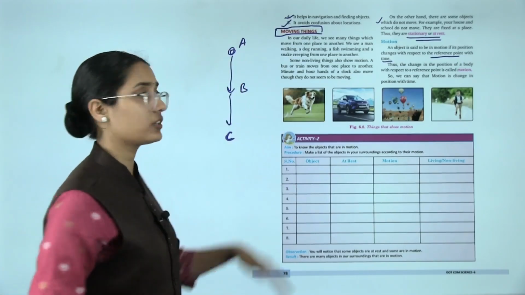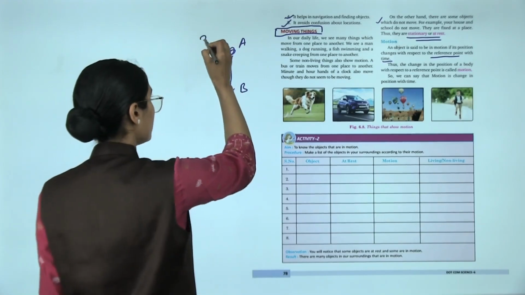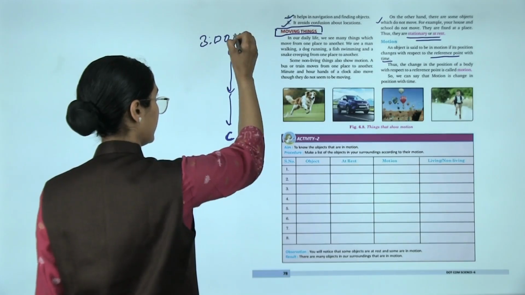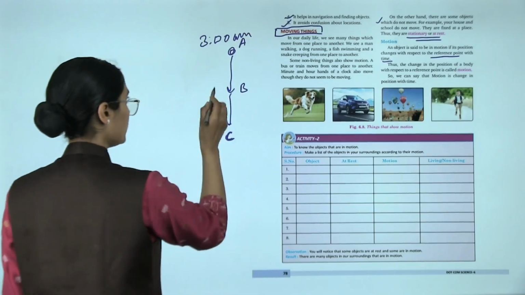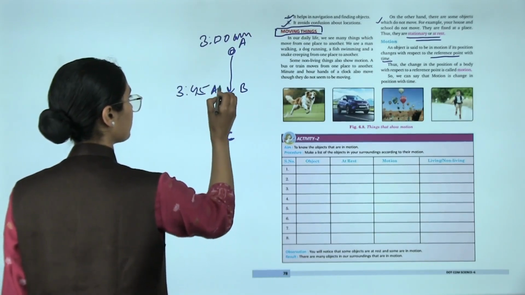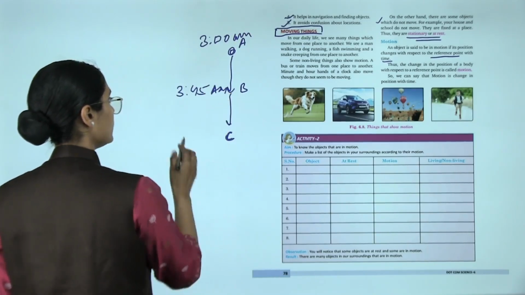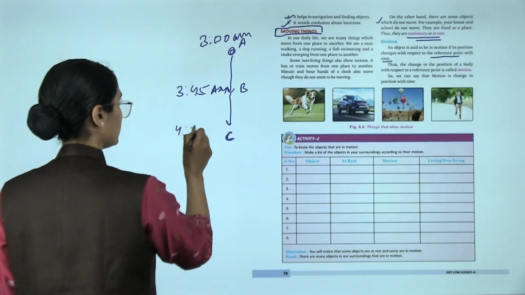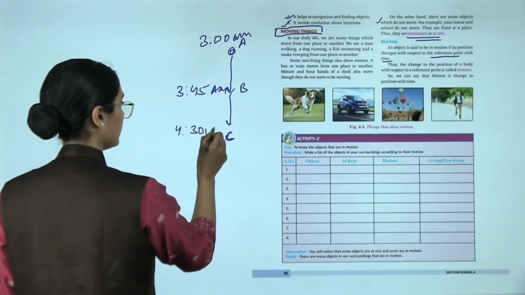Let's say when I started my journey, it was 3 o'clock in the morning. When I reached B, it was 3:45 AM. When I reached C, it was 4:30 AM.